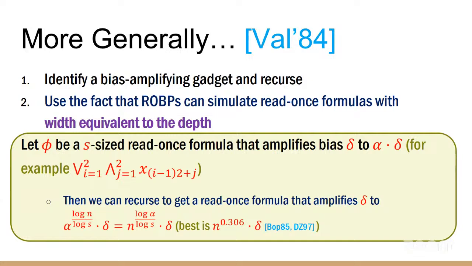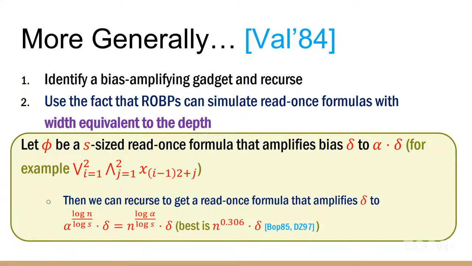And then you keep on recursing on this to get a read-once Boolean formula that amplifies delta. This calculation is not necessary, but if you're taking a constant size gadget that amplifies by a constant factor, then it is at least easy to see that when you recurse, you will get a polynomial in n type of amplification, like n to the epsilon.